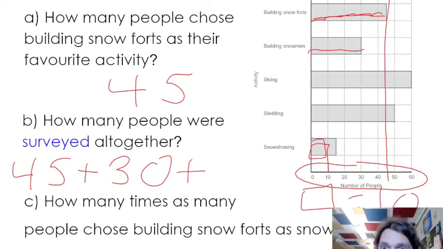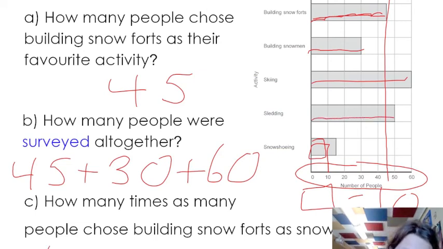Skiing, we have 60. Sledding, we have 10, 20, 30, 40, 50. And snowshoeing, we have 10, plus what's half of 10 is 5, so 10 plus 5 is 15.